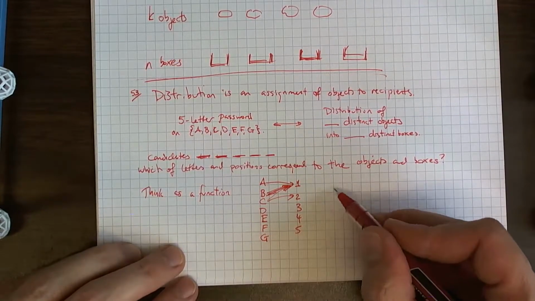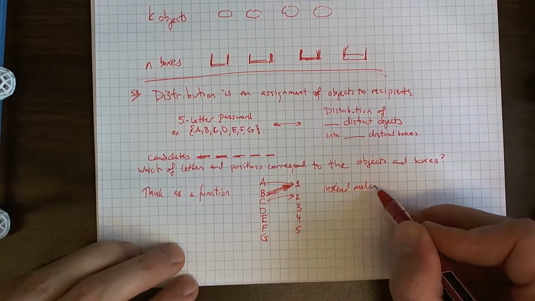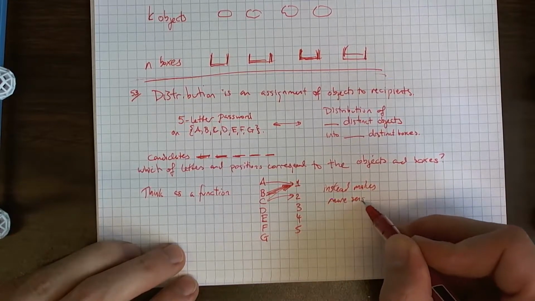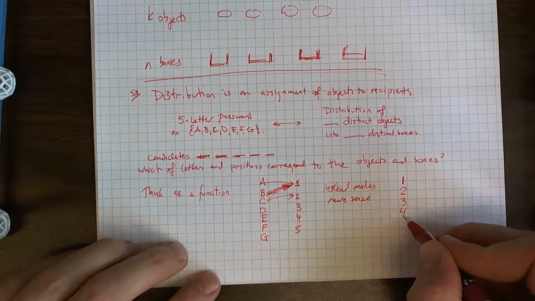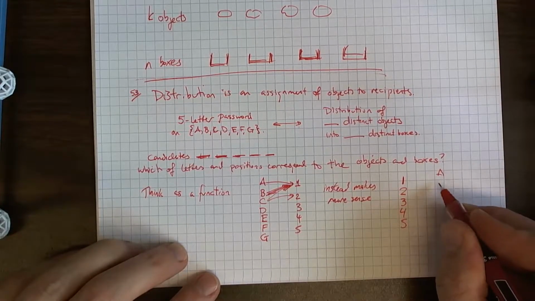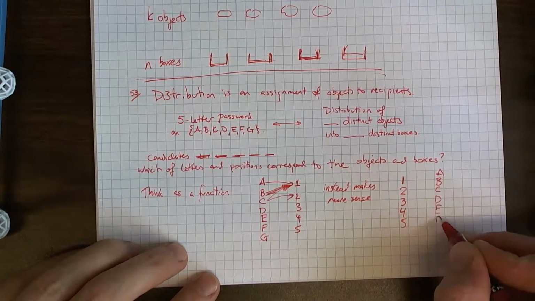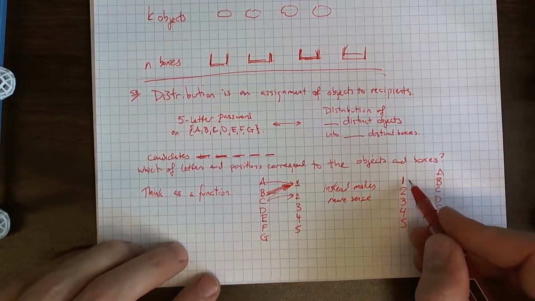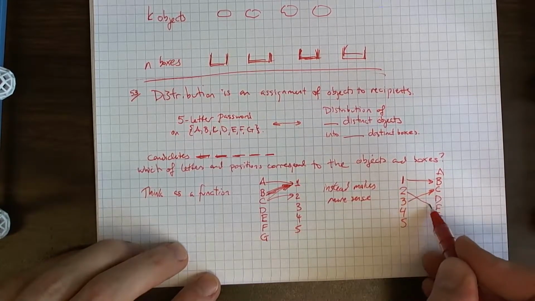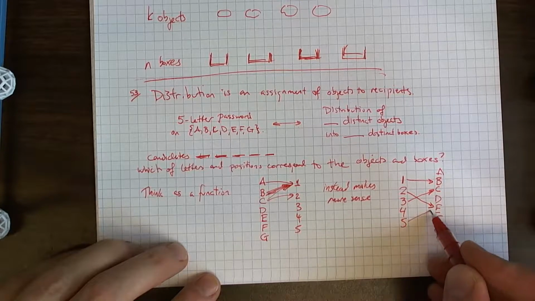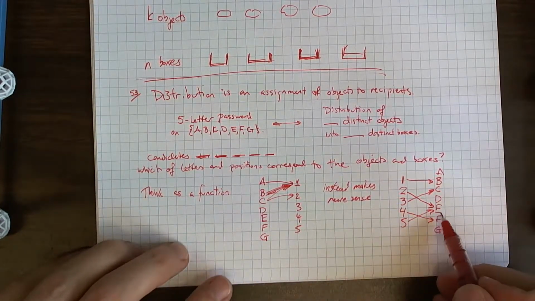So instead, it makes more sense to think of this as a function from the positions 1, 2, 3, 4, 5 into the letters of the alphabet A, B, C, D, E, F, G, where maybe multiple of these numbers could go to the same letter.